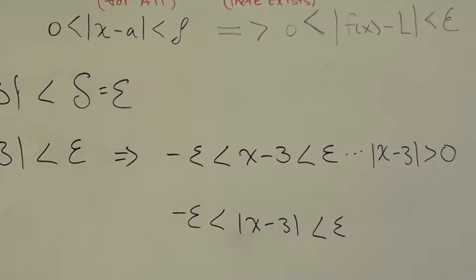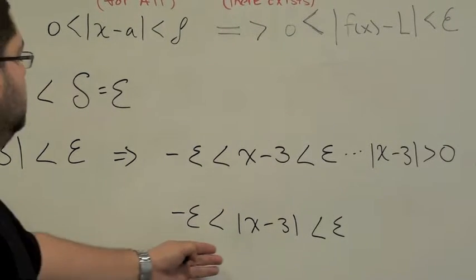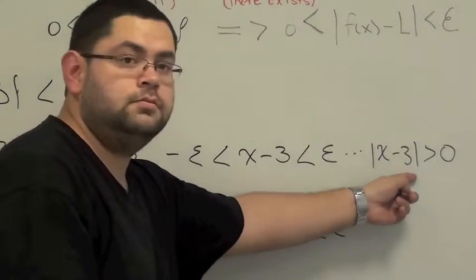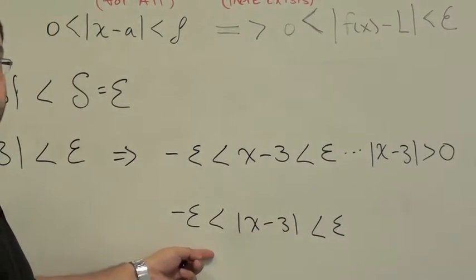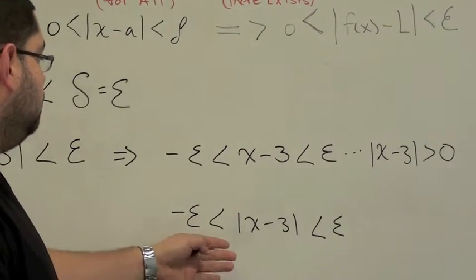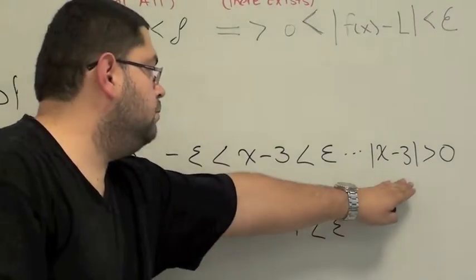Still, I'm not saying that my absolute value is negative; I just put that bound there. But this is still true, because I don't know where this part is, so I cannot say so far that this is negative.